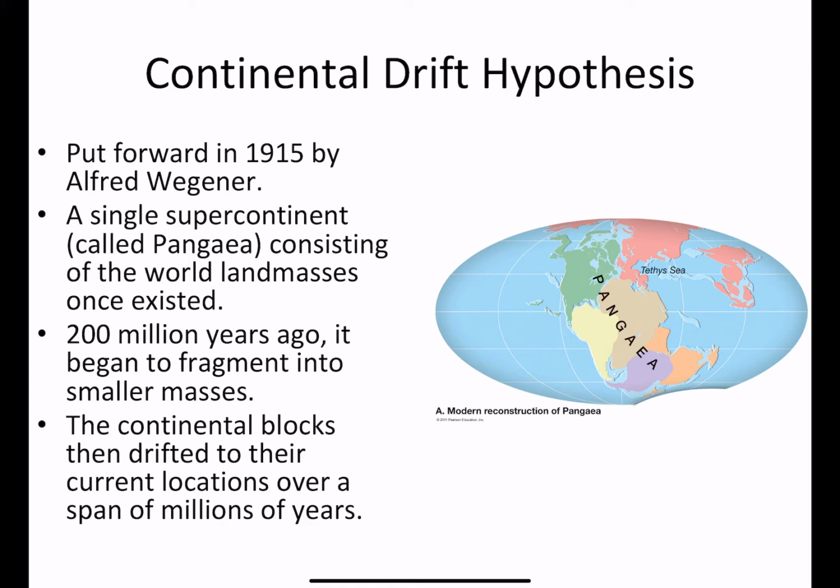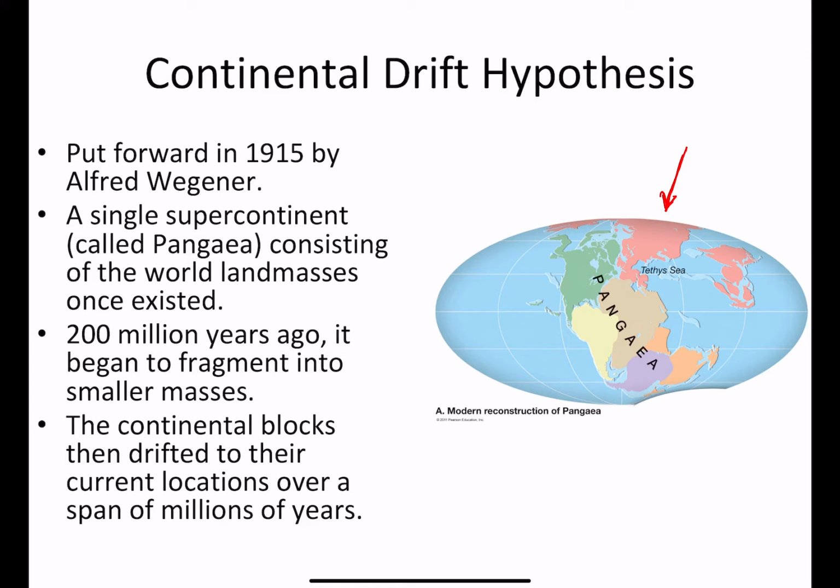In fact, it is believed that once upon a time, all the continents were in one gigantic landmass, which was called Pangaea, and the rest of the surface of the Earth was one huge gigantic ocean, which is named the Tethys Sea. So there was only one continent. It was called Pangaea, right?